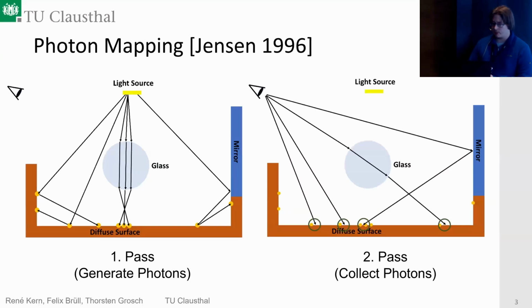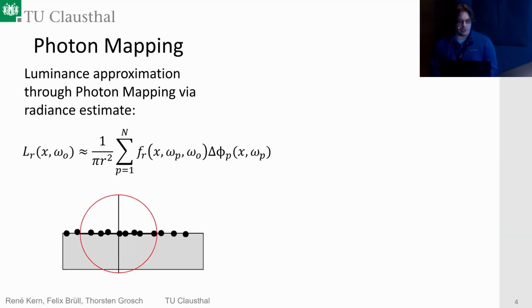Like in path tracing, we shoot rays from the camera, and on diffuse surfaces, we collect these photons. They can be collected via a radiance estimate, which is seen here. For every photon, we calculate the BSDF and multiply it with the flux, then sum it all up and divide it by the area we collected the photons in.